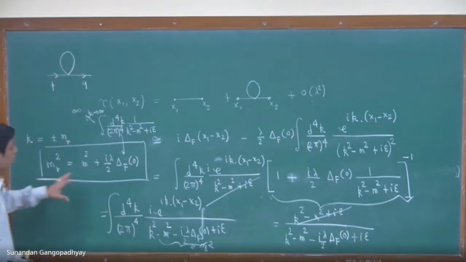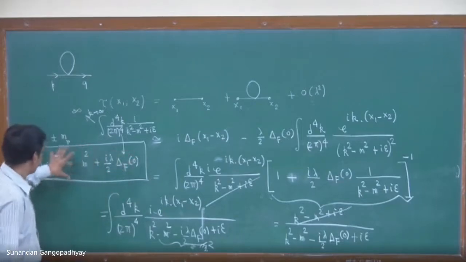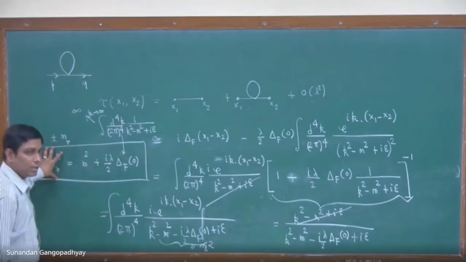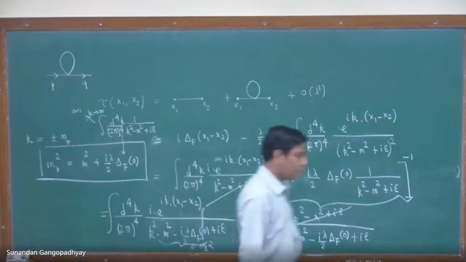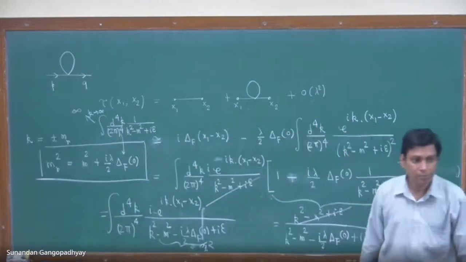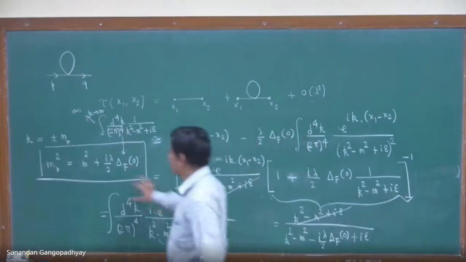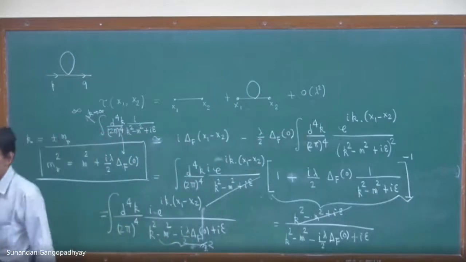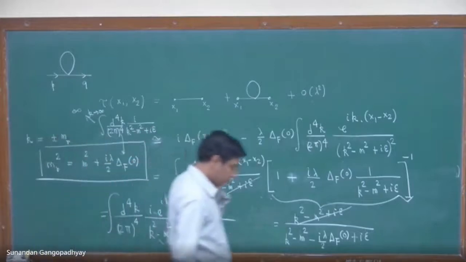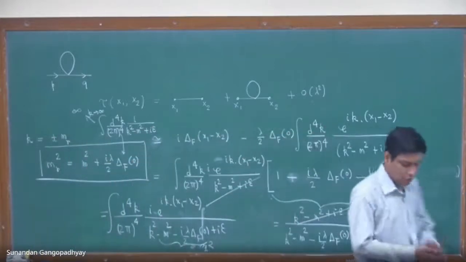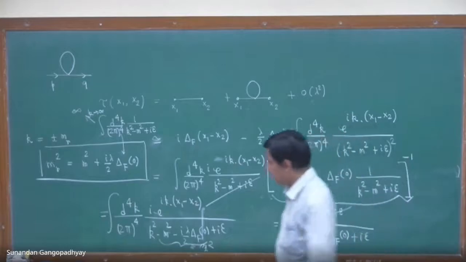We absorb this infinity in this mass and we call this the renormalized mass, which is the physical mass of the particle that we measure in the lab. So all the infinities have been absorbed in this mass, and then you have a physical mass. This is the standard procedure of renormalization.